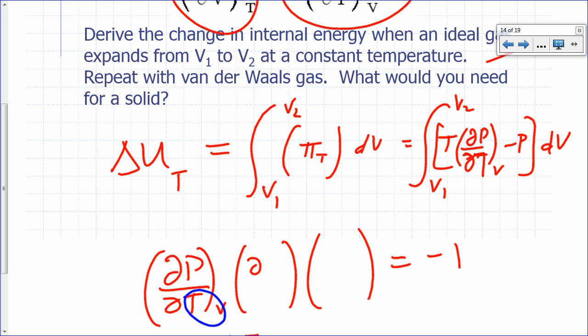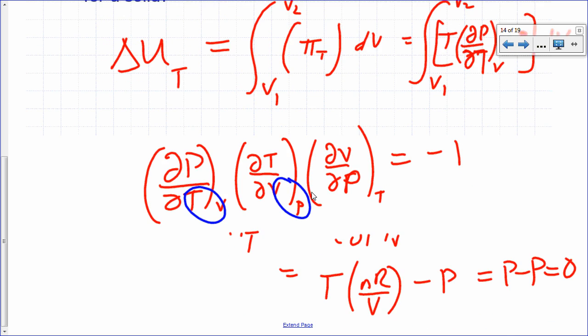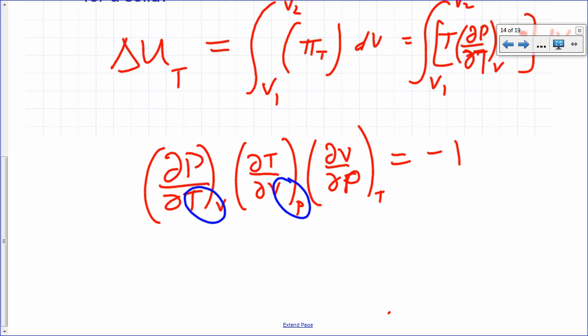The partial of T with respect to V, and what's the derivative that goes here? The partial of V with respect to pressure at constant T, and what is this one?